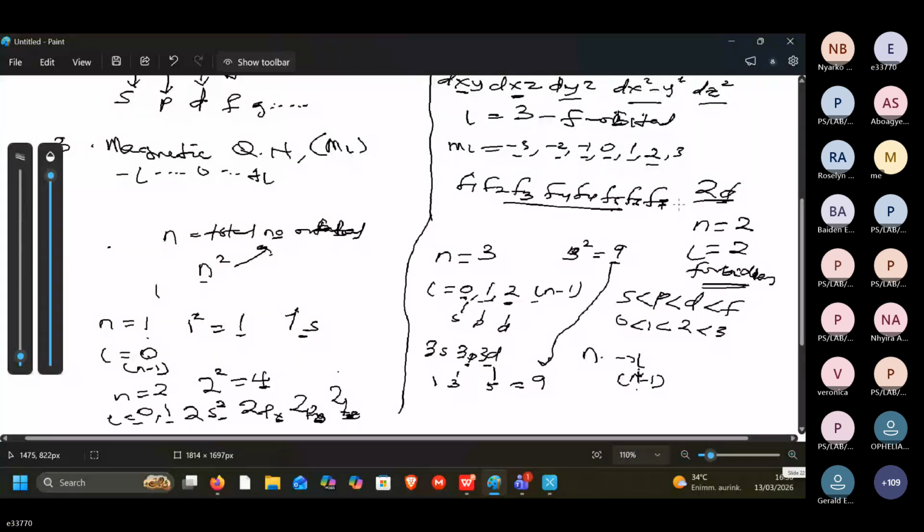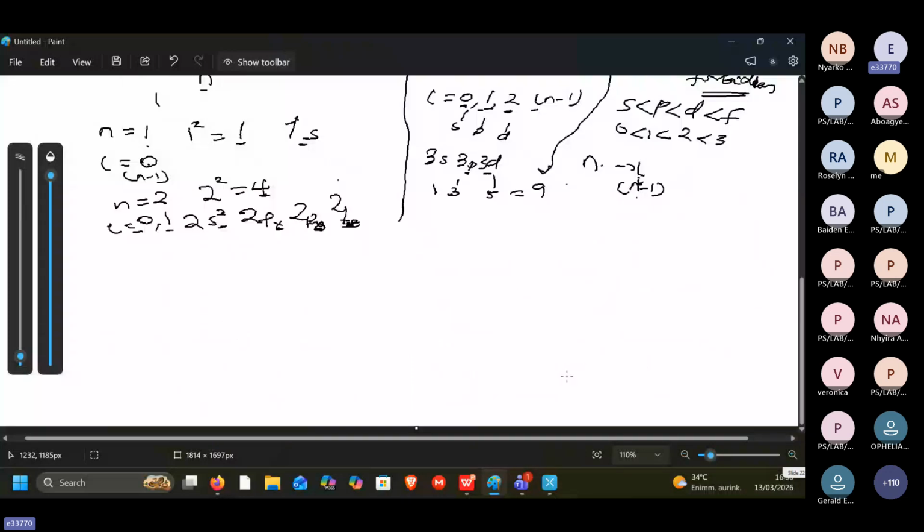Okay. Now we will come to the ML. We said that the ML is going to have allowed values from negative L through 0 to positive L. And that has to do with the orientations of the orbitals.